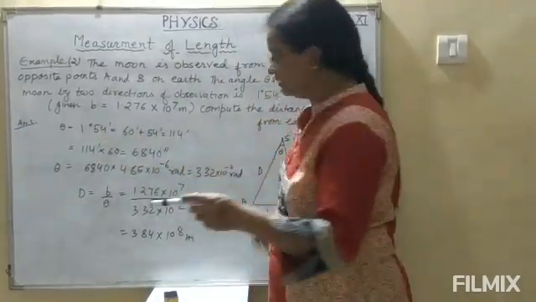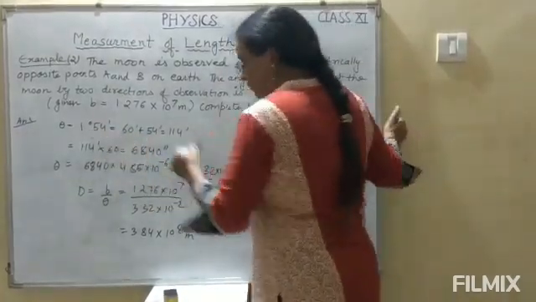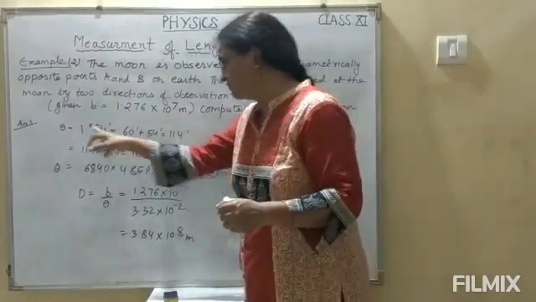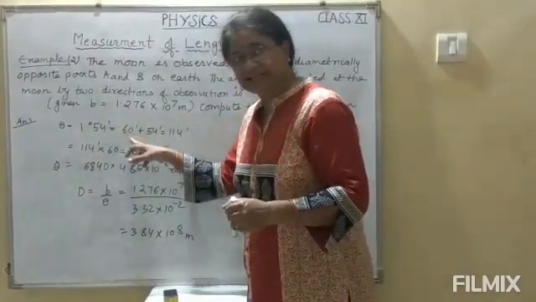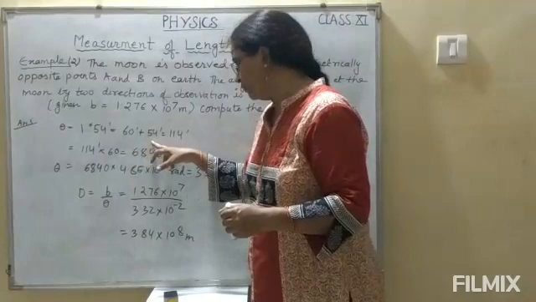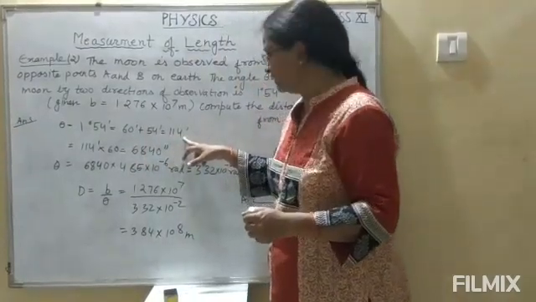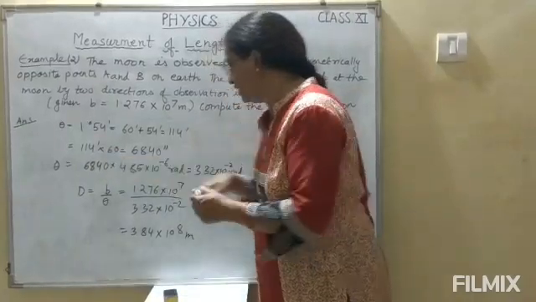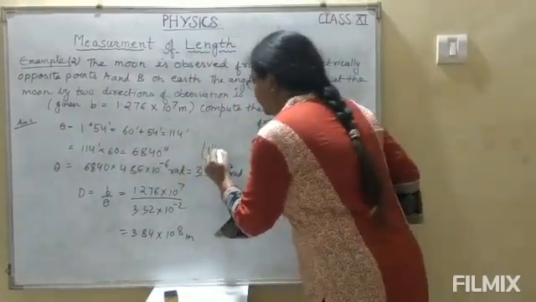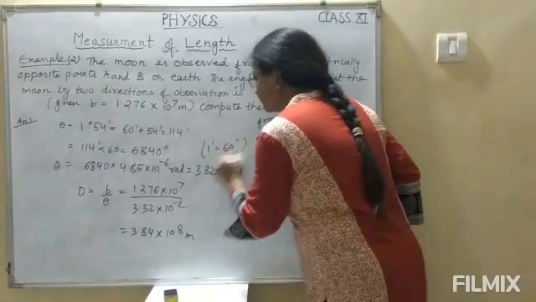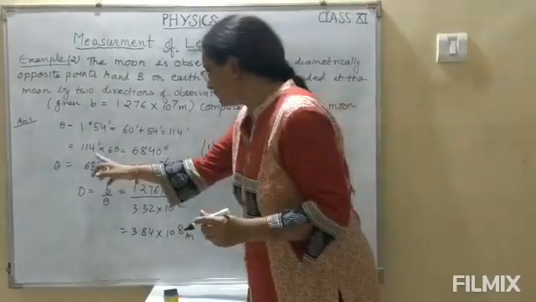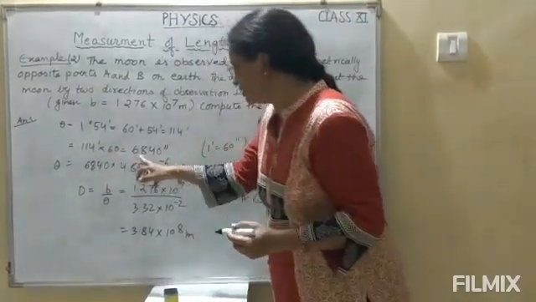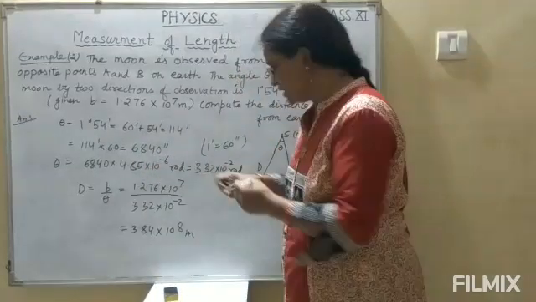We convert 1 degree 54 minute: 1 degree is 60 minute, plus 54 minute, equals 114 minute. Then 114 into 60, since 1 minute is equal to 60 seconds, gives 6840 seconds.